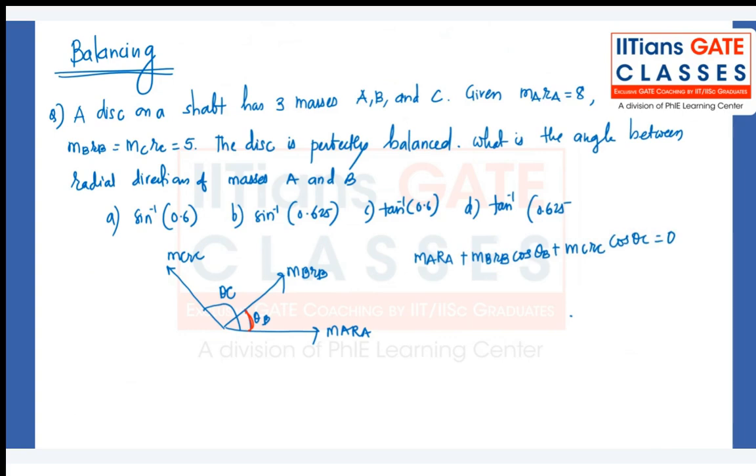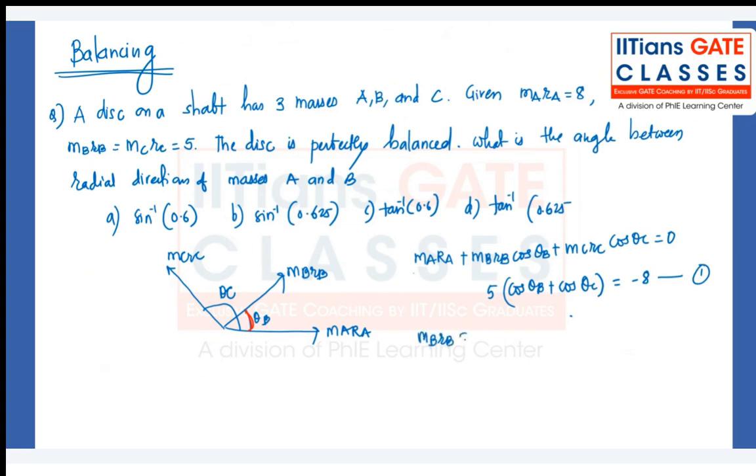MA RA is 8, and MB RB, MC RC is 5. So 5 times (cos of theta B plus cos of theta C) is equal to -8. Let's call it equation number 1. If you consider the vertical components, only MB RB and MC RC will have vertical components, right?